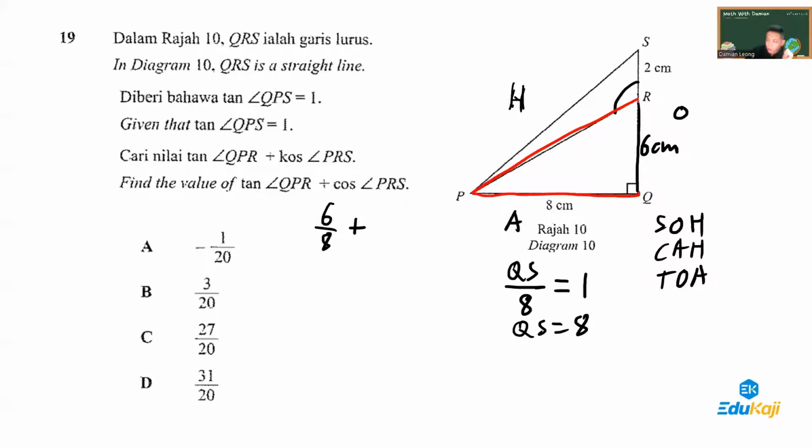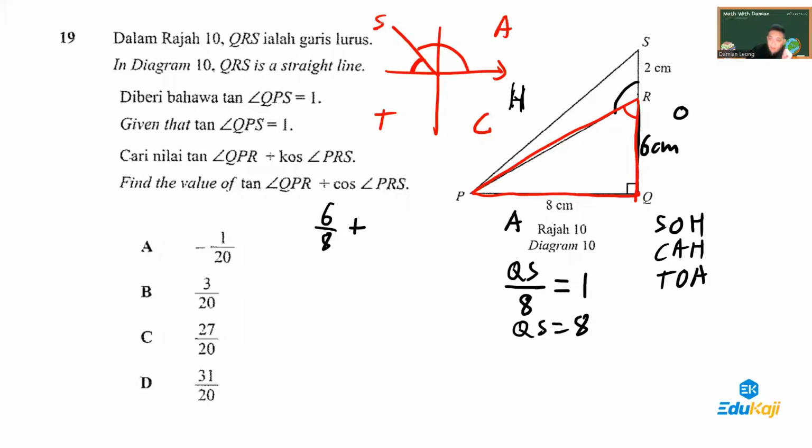What I do is, I consider this angle, which is the same as this angle in quadrant 2. So this is the same reference angle. It's just that I have to consider ASTC.